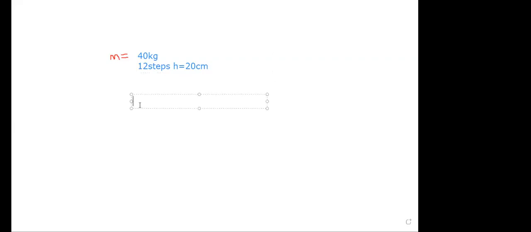Now, remember, we said that work is done when, let us say these are the steps. These are the steps, they are 12, like that. So what we want is to move from the ground here up to up here, but we are going to use stairs.